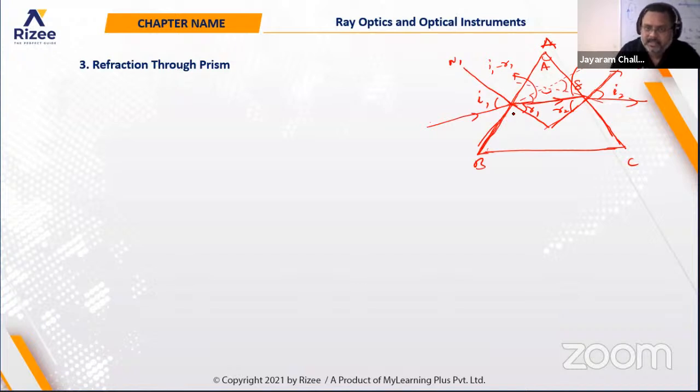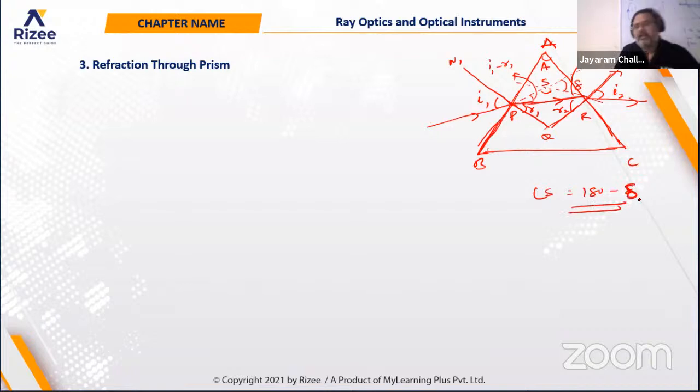Let's name them. This is A, this is P, this is Q, this is R, and this is S. And I'm writing here angle S is equal to 180 minus the angle of deviation, that is your delta. So now taking into consideration the first one, the triangle PQR.